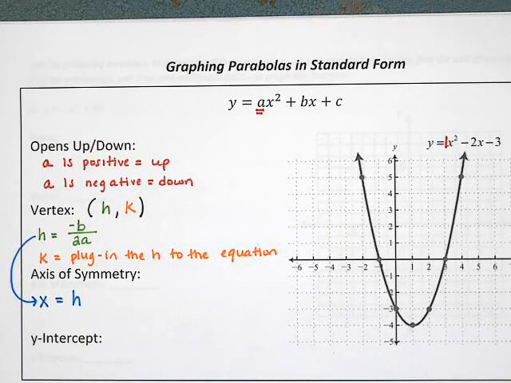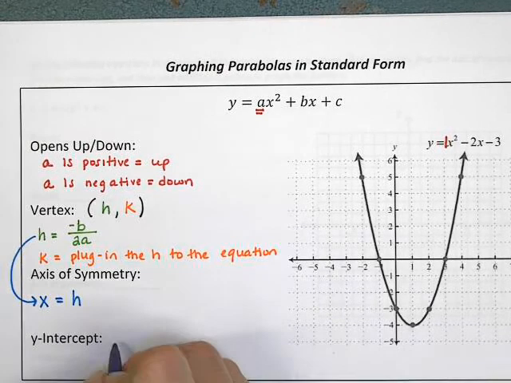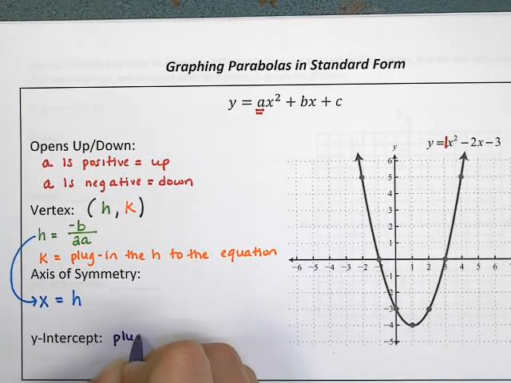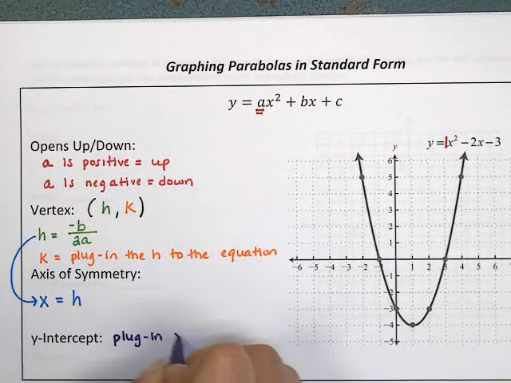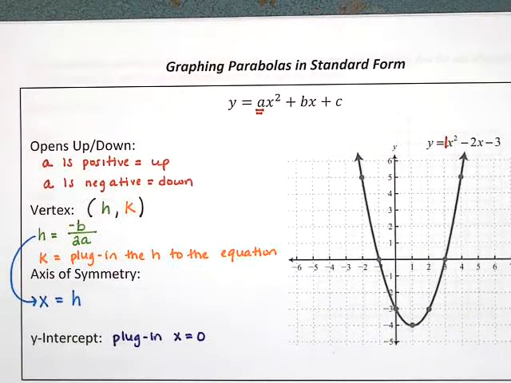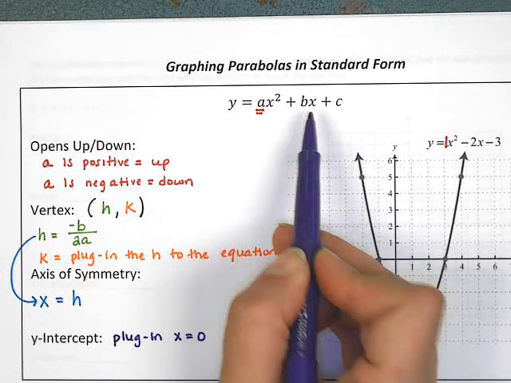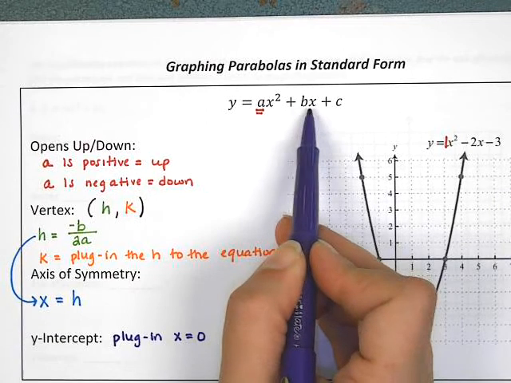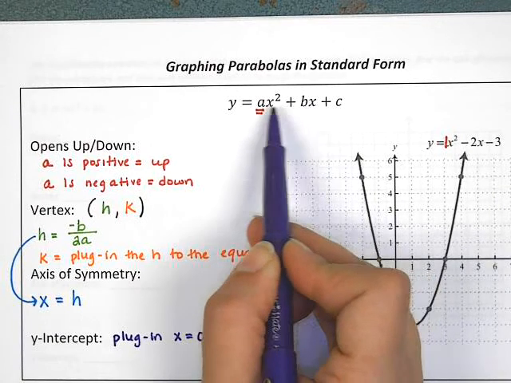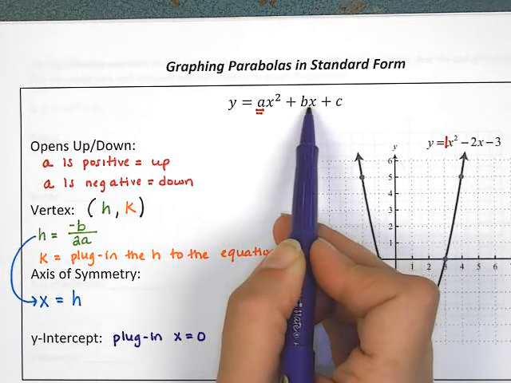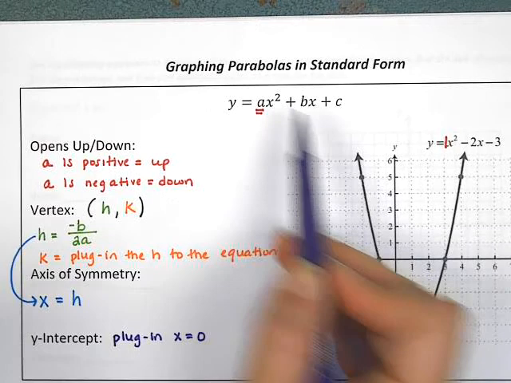And the y coordinate is actually easier for this one. In the previous problems that we looked at, in order to figure out the y-intercept, you needed to plug in x is 0. But in this problem, because the first term has an x squared and the second term has an x, when you plug in 0, those two terms are both going to become zeros.